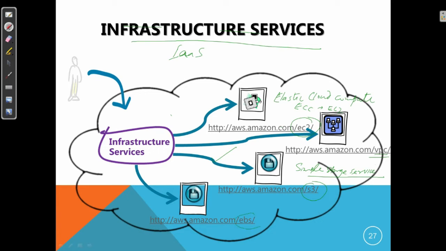Then we have EBS. It basically represents Elastic Block Store. It provides a block level storage volume that is used with the EC2 instances. You can further create a file system on top of these volumes. So these are the most popular services which are termed as infrastructure as a service offered by AWS.